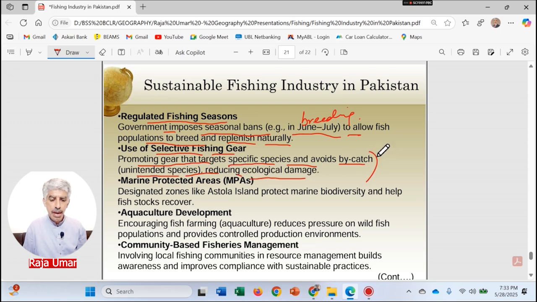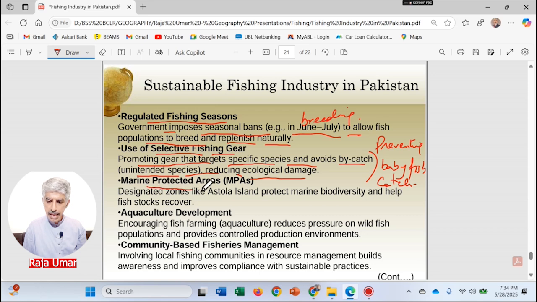I mean, preventing baby fish catch, so that baby fish are allowed to grow in a better way, so that bigger and much more profitable fish are available in the coming seasons, rather than catching the baby fish. That would not be very beneficial for the fishermen, and that would not give much profit to the fishermen, and that would be a waste.